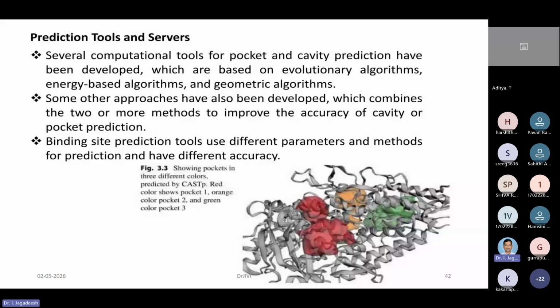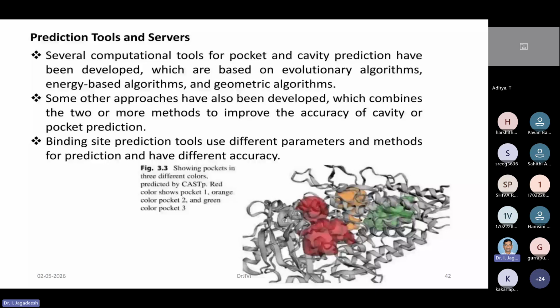Some of the other approaches have been developed which combine two or more methods to improve the accuracy of the cavity or pocket predictions. It is an extension which we can use for further confirmation and confidence gaining. The binding site predictions use different parameters and methods and have different accuracy because each has its own limitations.